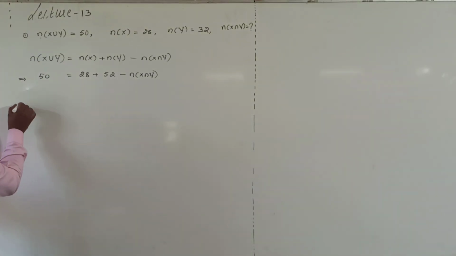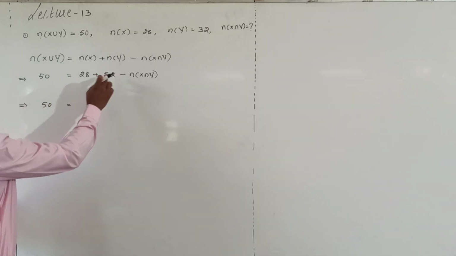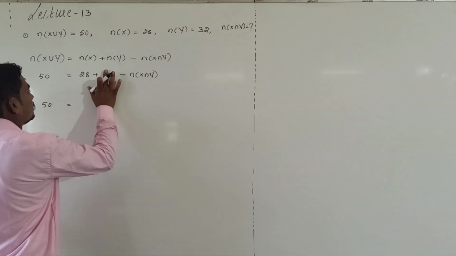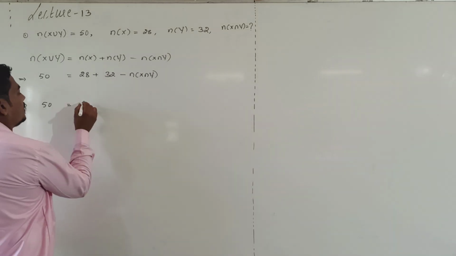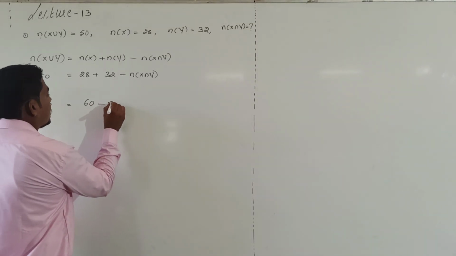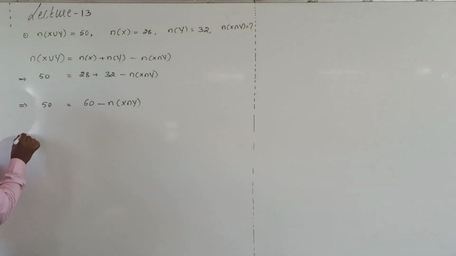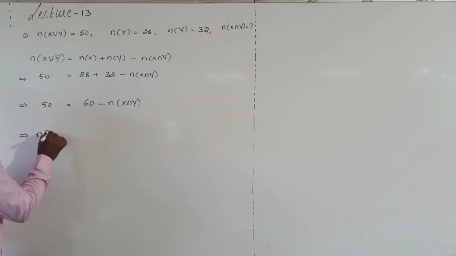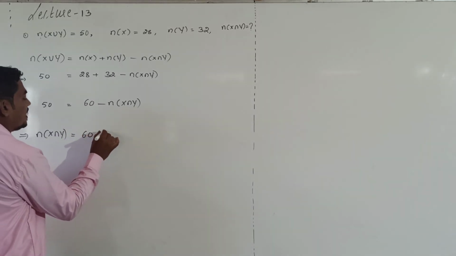Now just rearrangement. 50 is equal to 28 plus 32, clearly it will be 60, minus the number of elements in X intersection Y. Now take the number of elements in X intersection Y to the LHS. n of X intersection Y is equal to 60 minus 50.